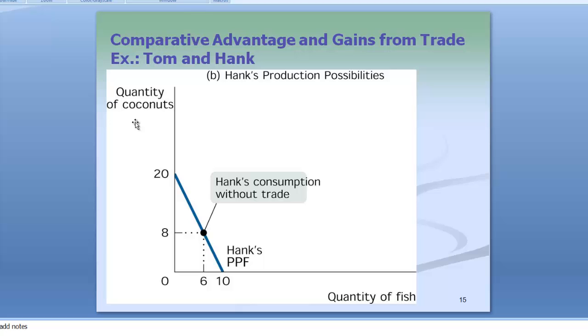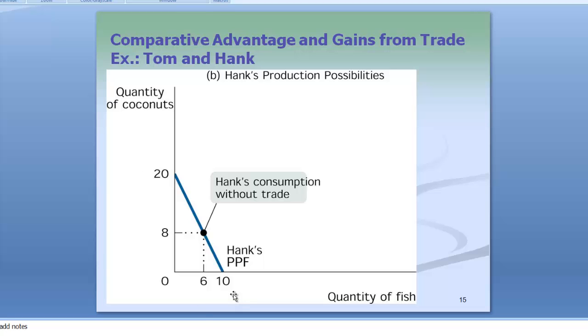But in order to determine comparative advantage, we need to look at Tom's opportunity cost of producing the 2 goods compared to Hank's opportunity cost of producing the 2 goods. So in order to examine Hank's opportunity cost of producing fish, we ask the question, how many coconuts does Hank give up in order to collect his fish?